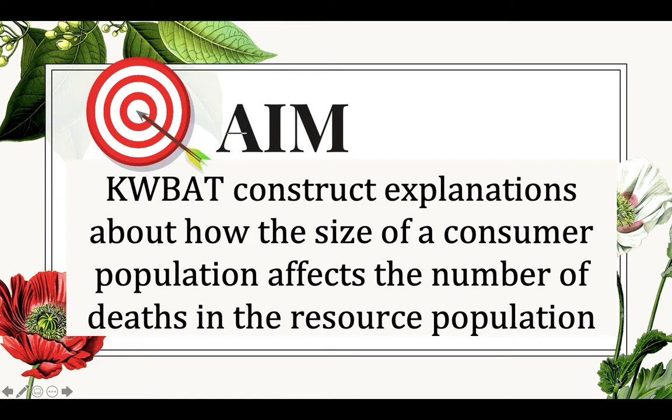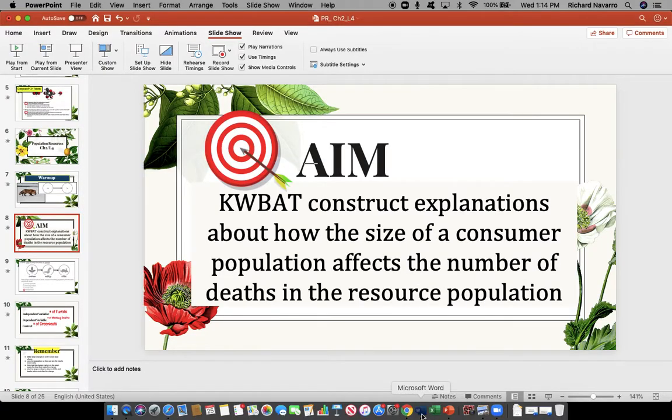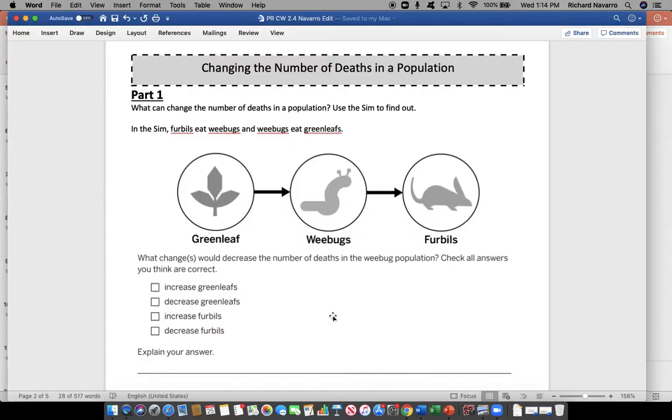Today's aim: students will construct explanations about how the size of a consumer population affects the number of deaths in a resource population. Changing the number of deaths in a population. What can change the number of deaths in a population?